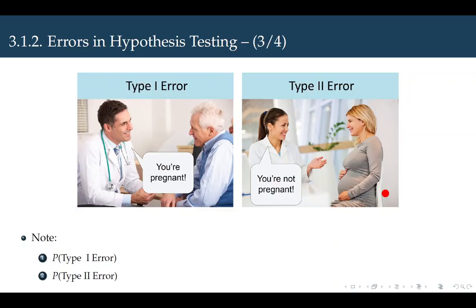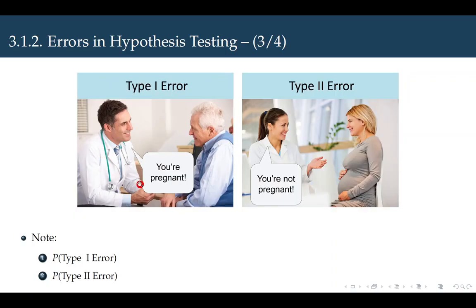So the null hypothesis states that there is no pregnancy, because the null hypothesis always states that there is nothing: no impact, no difference, no association, no correlation, and so on. So for these two pictures, the null hypothesis H naught states that there is no pregnancy. For this individual, there is no pregnancy is true.